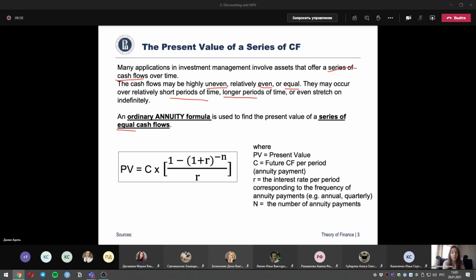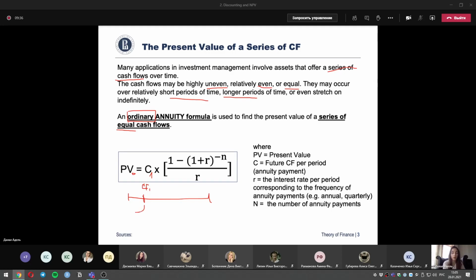We calculate the present value of this asset for today, but please be careful. The assumption of this ordinary annuity formula is that our first payment, this cash flow that is equal over time that we receive every period, takes place in 1 year. Considering the timeline, we receive this cash flow in 1 year.